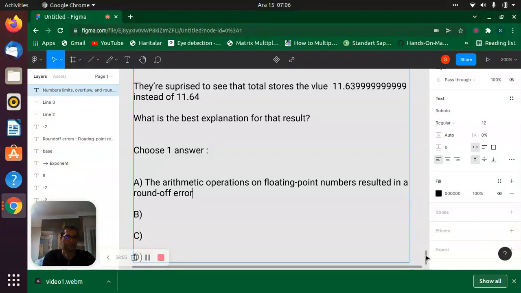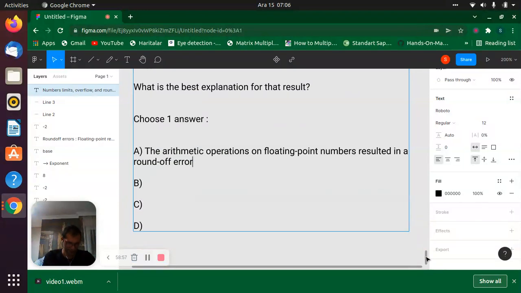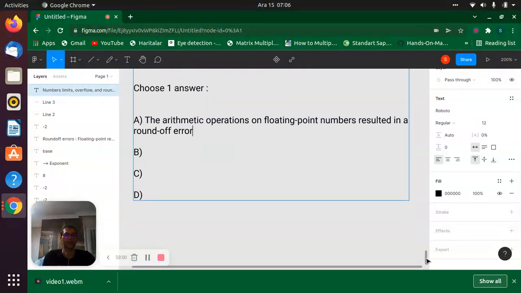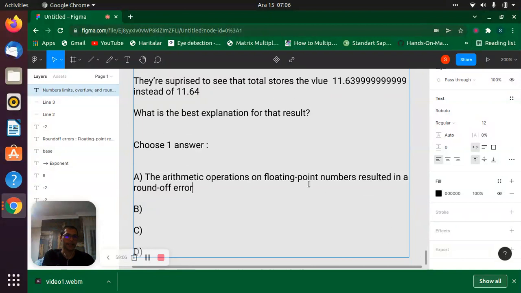What do you think? There is some error. Normally it has to be like 11.64, but the number is like that. The arithmetic operations on floating point numbers resulted in a round of error. This one is true.